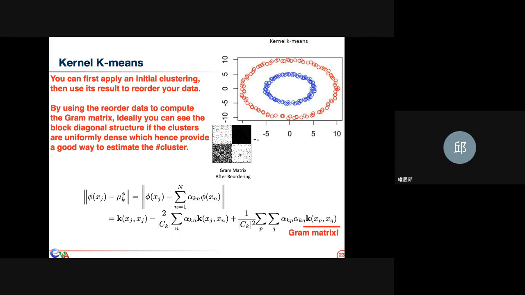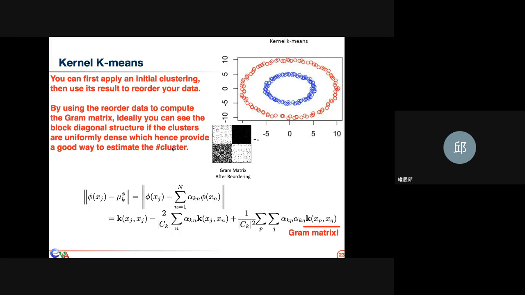You can see how many blocks you are able to tell from this visualization of the gram matrix, and how many blocks can provide you a good way to estimate the number of clusters.